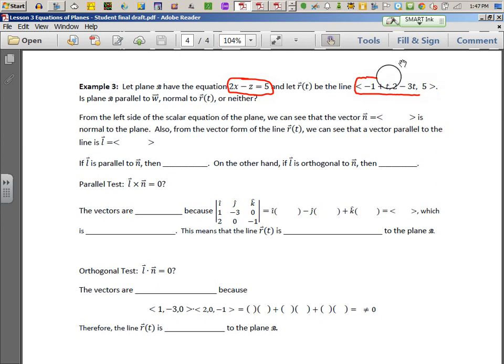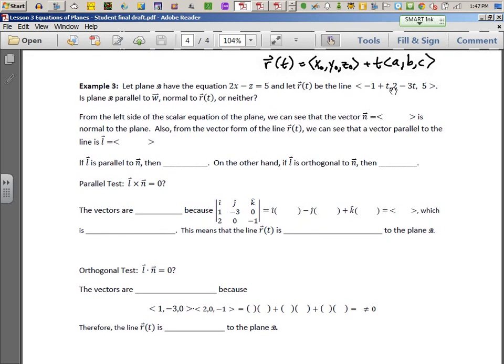See, in lesson 2, we learned that r of t is (x_0, y_0, z_0) plus t(a, b, c). Remember that? And I'm telling you that this is our vector right here.